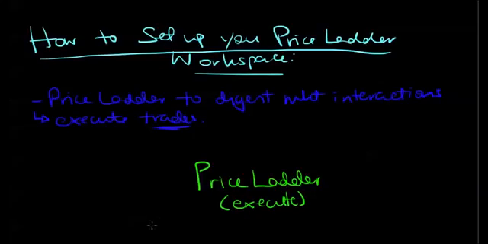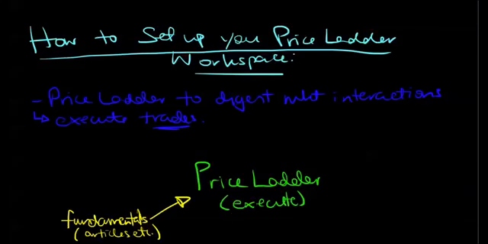We have to get a sort of feel for the fundamentals. So there's got to be somewhere where we can read our fundamentals. I'm talking now from the perspective of how to set up your actual workstation, your trading desk. So we need somewhere to read our fundamentals, and that is going to be our articles, etc.